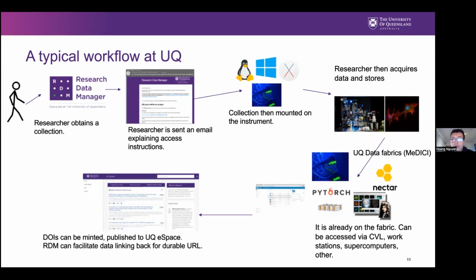And when the request is approved, they can mount the RDM collection. From now on, I will use RDM and RDM collection or collection interchangeably. Then the RDM collection can be mounted on the instrument.